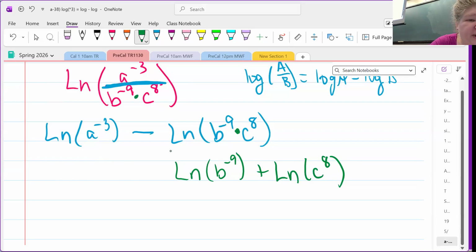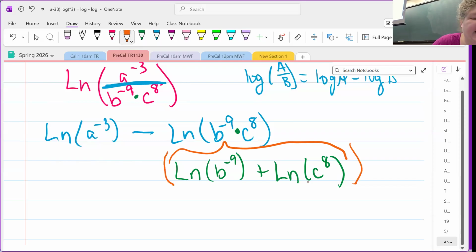Now, what I am doing here is saying that this whole expression is being replaced for the single natural log I had above. So when I'm making that substitution, I need to put parentheses around it. And I especially need the parentheses here because of that minus sign that's in front.